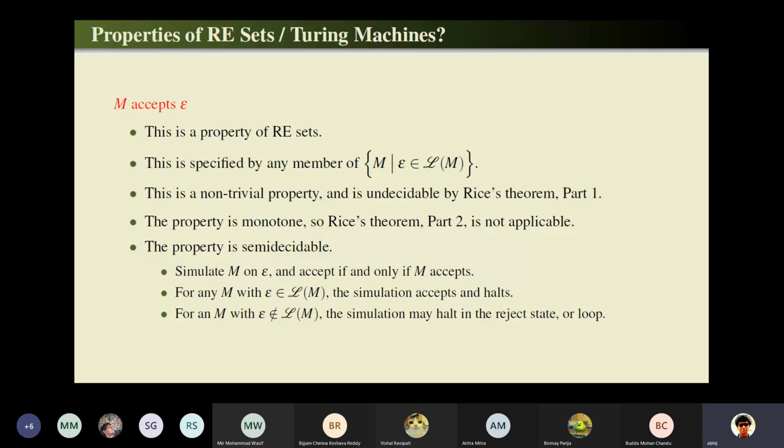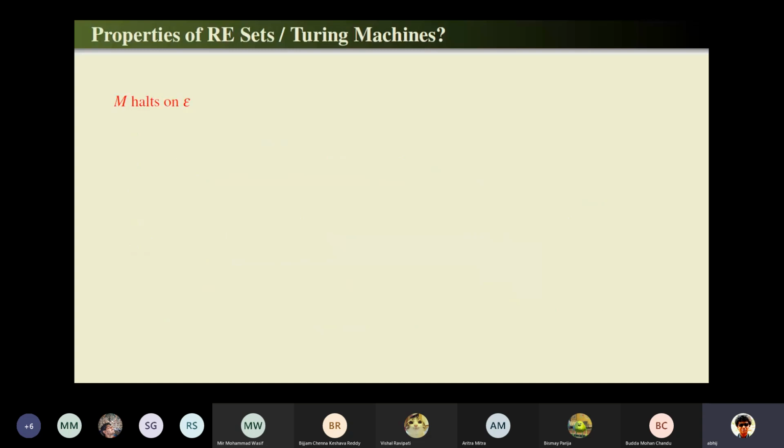Now, if I look at the second question, whether M halts on epsilon, this is something which is not strictly associated with the language of that machine. Whether some Turing machine halts on epsilon or not, it may be a choice of that machine, not of all underlying RE languages which contain epsilon. So this is not a property of RE sets.